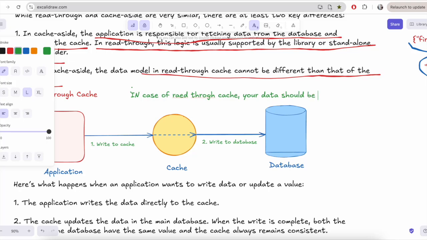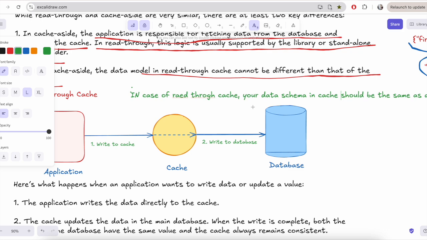Your data format should be the same as the DB schema, right? Your data schema in the cache should be the same as the DB schema.